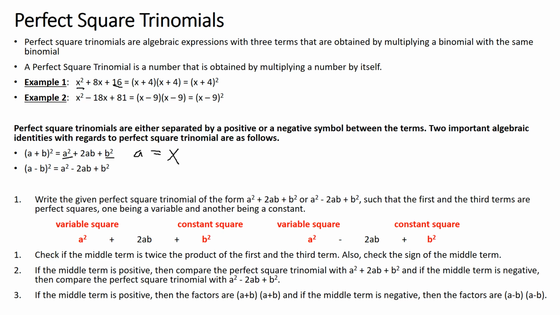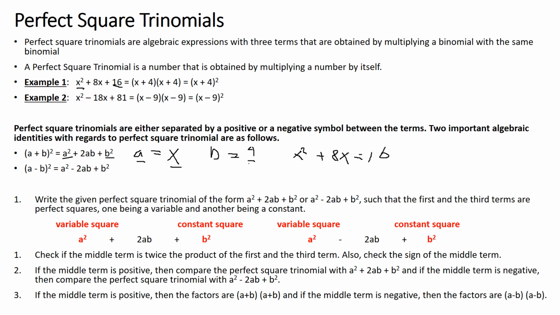Well, if b squared is 16, then the square root, or just b by itself, is 4. And then using the formula a squared plus 2ab plus b squared, I get x squared, and then plus 2 times x times 4, which would be 8x, and then b squared. 4 times 4 is 16, so b squared equals 16. Again, it's a perfect square trinomial.